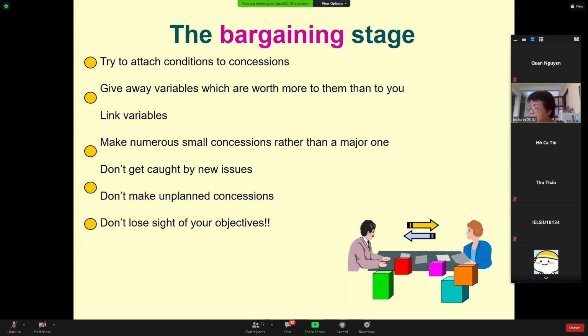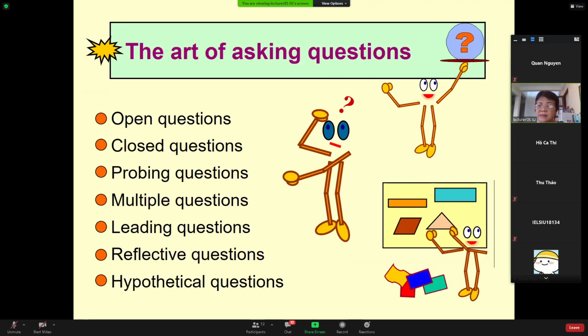When we come to the negotiation meeting, we are very clear about the goal that we want to aim for. We know the end goal that we are going to achieve, and we try to focus on that.